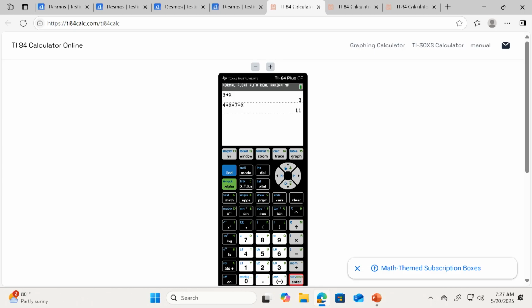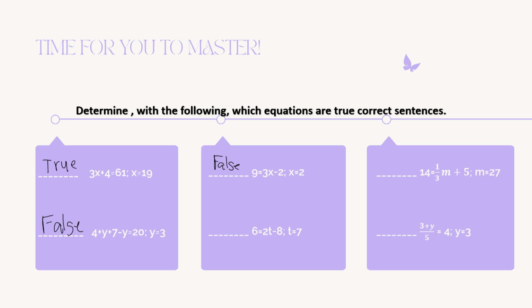I'm going to put that everywhere I see my variable is 7, so 7 store x, enter. Then I'm going to put 2x minus 8 is 6. On my paper, it also tells me that it is 6, so I am going to put true. Let's do our next one.